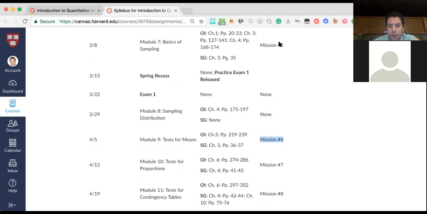So your question is if we're going over the same material as last week. The last module was module number 7, which is the basics of sampling. This new module will be the sampling distribution module, which builds upon module number 7, but they are 2 separate modules, just for the purposes of the course.